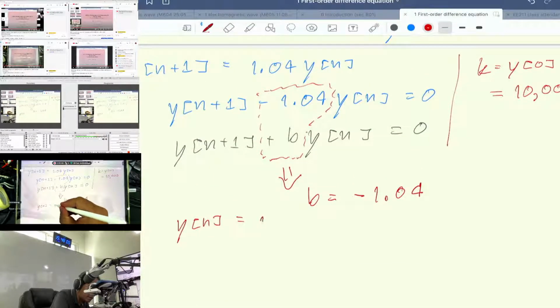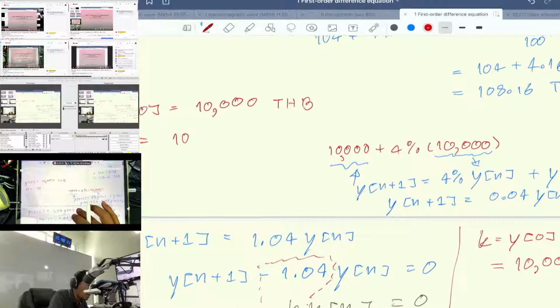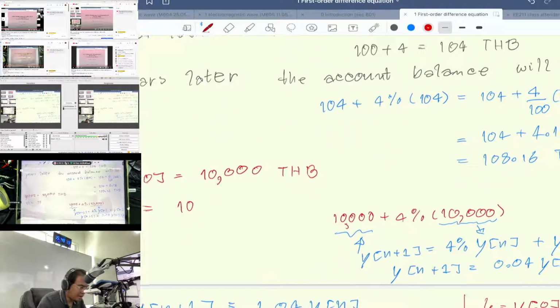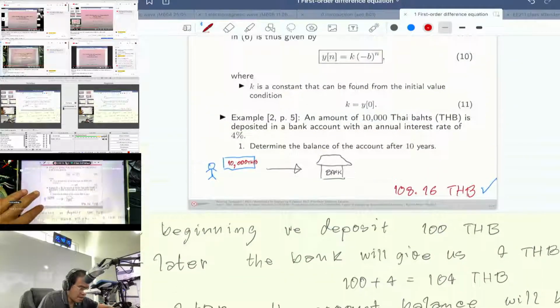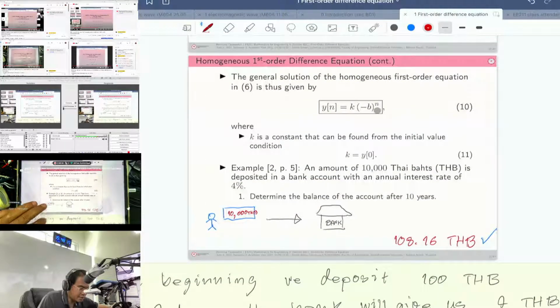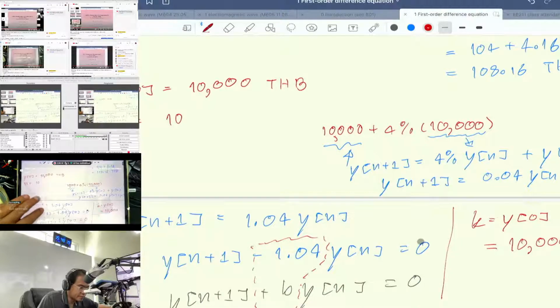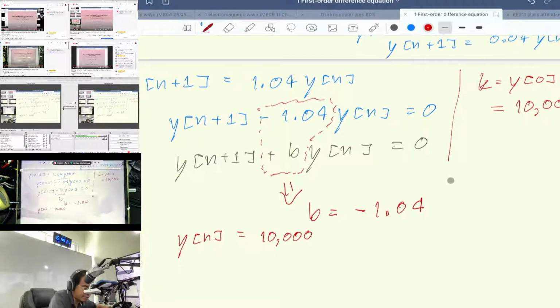So we have here 10,000 times negative b to the power n. But our b is negative 1.04, right?